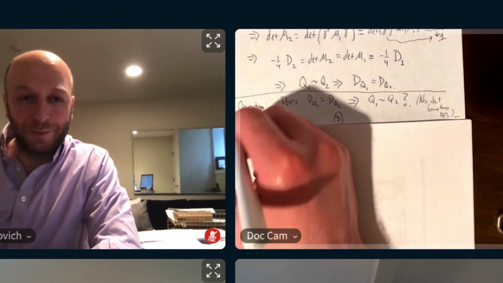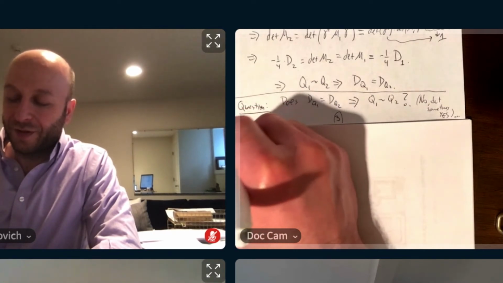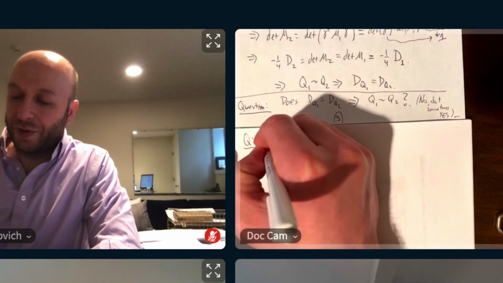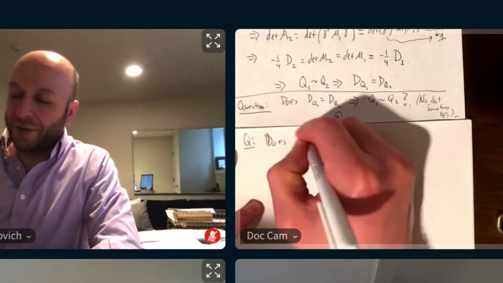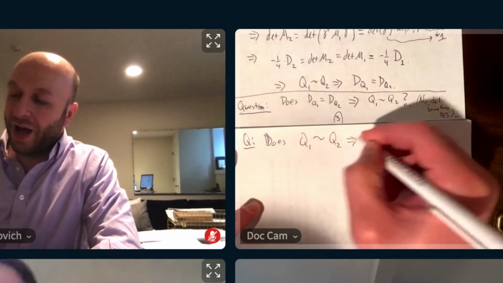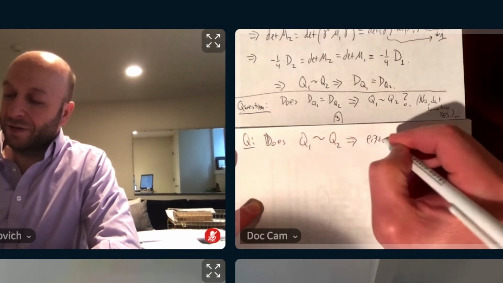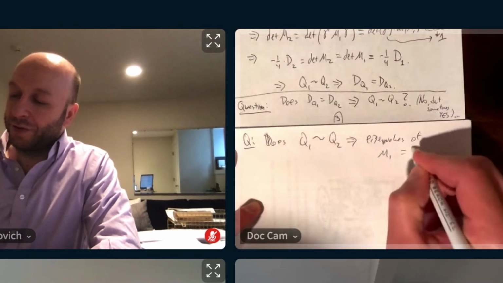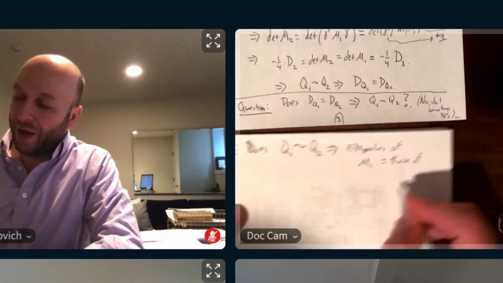Okay, so Yukong's question: does Q1 equivalent to Q2 imply the eigenvalues of M1 equal those of M2?